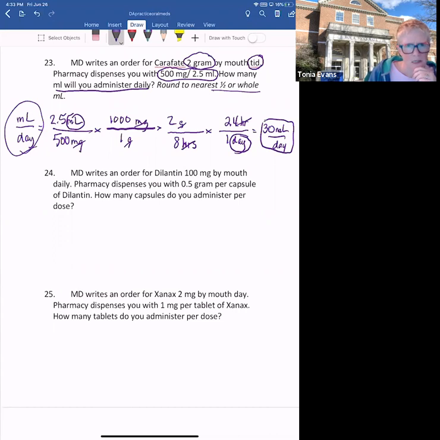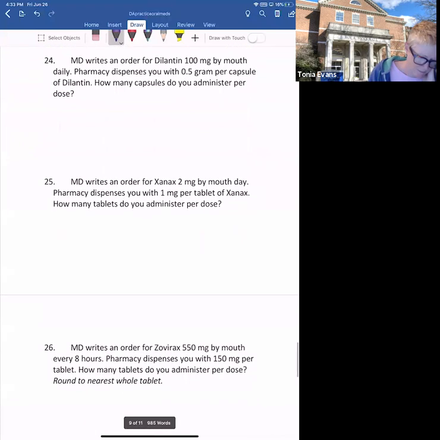If I'm giving 6 grams and I know it's 500 milligrams per dose, or sorry, per 2.5 mLs, I could rework that, figure it out another way, and just double check my work and make sure that I think that's right.